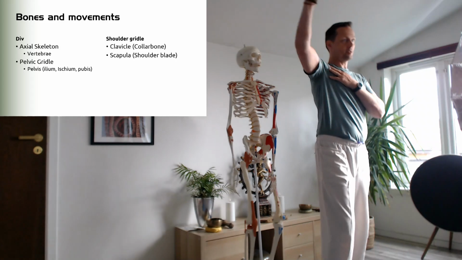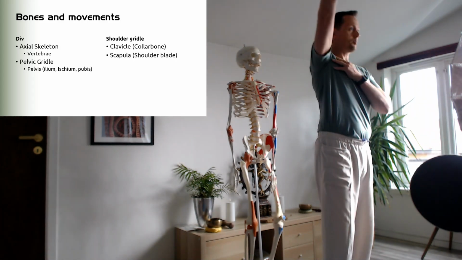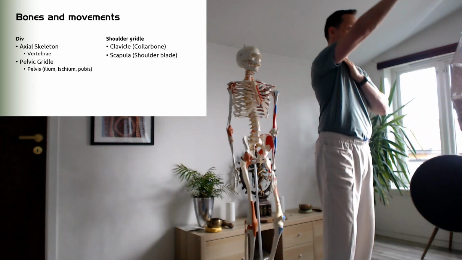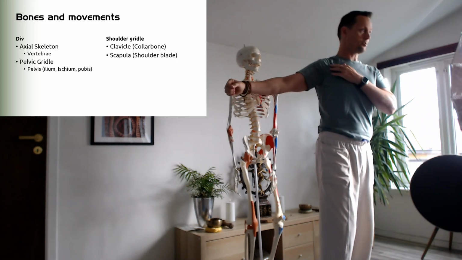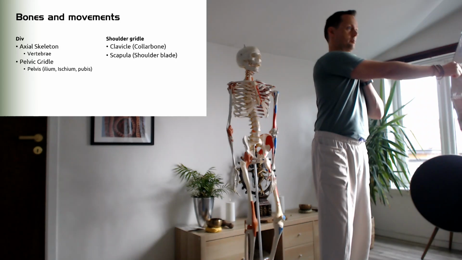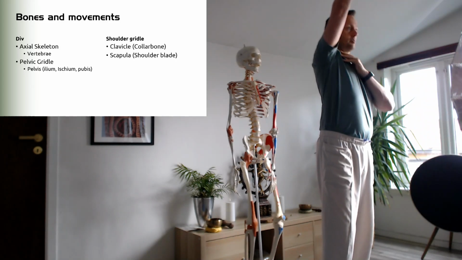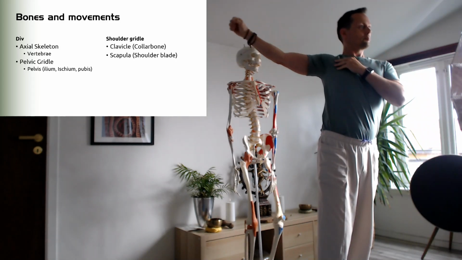So together with the upper arm, the shoulder joint can move like this, right? When you add on the shoulder girdle, you can get further forward, further up, further back.